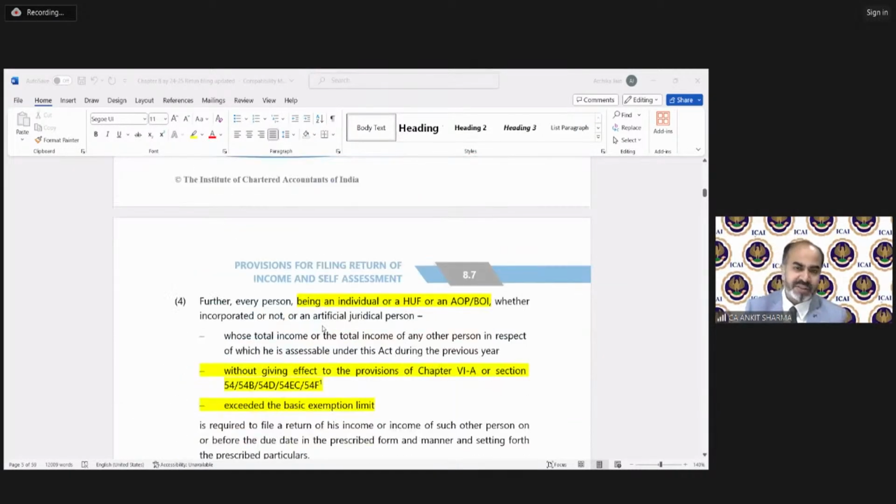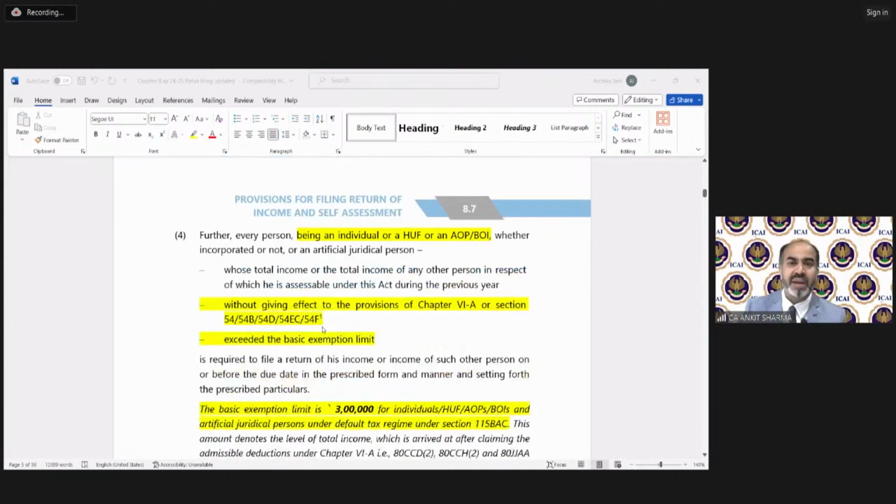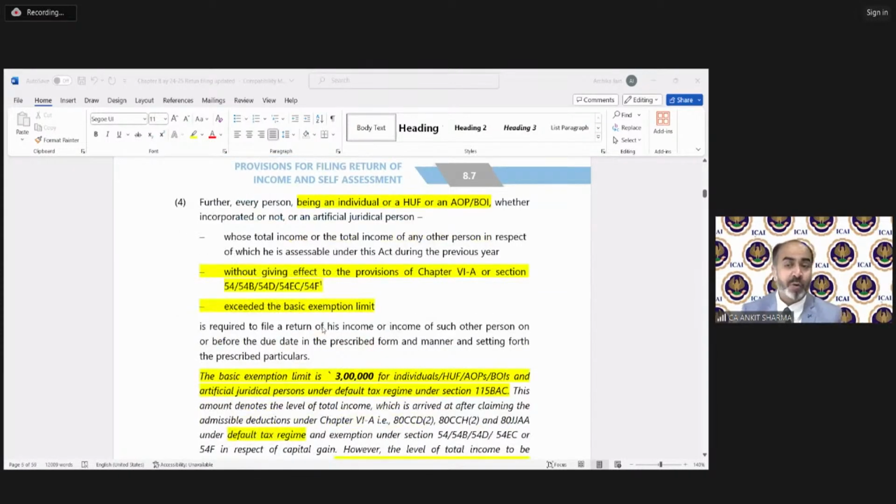Point number 4 says, further, every person being an individual or HUF or AOP or BOI, that means our D point in the diagram, whether incorporated or not, or an artificial juridical person, whose total income, or total income of any other person in respect of which he is assessable as a deemed assessee under this Act during the previous year.